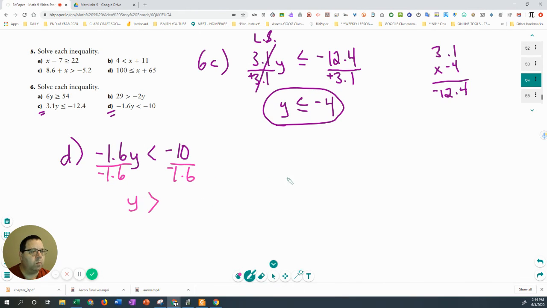And what is 10 divided by 1.6? Oh, good grief. Well, I know the answer is positive. Oh, what's that going to be? Let's see, 5. 5 times 1.6 is 8. 2, carry the 0, bring down the 0.